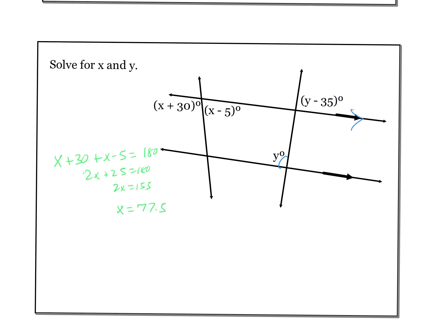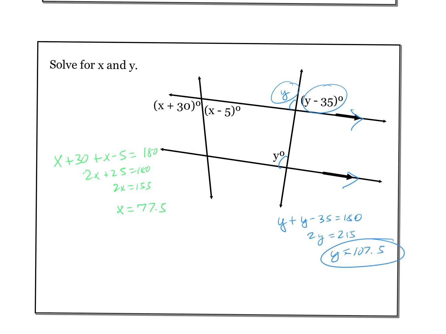The two lines here are parallel, and y being down here, would the corresponding angle be congruent? Yes. So then these two angles form a linear pair, and therefore equal 180, and we can solve that for y. And that's going to give us 107.5. Any questions?